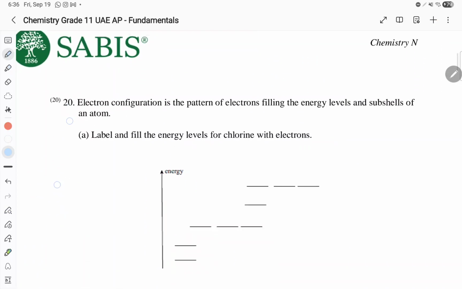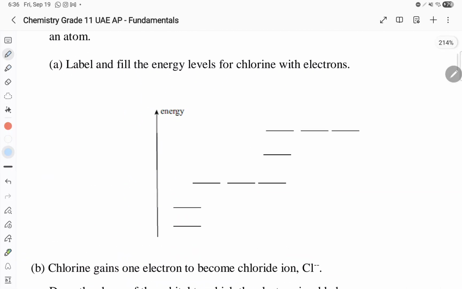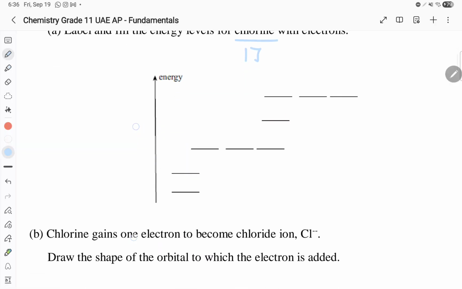Anyways, moving on. Here they're asking you to fill it out. You don't even need to know the element. Okay, actually you do. Chlorine is 17. So we have here 1s2, so it's up, down. Here it is 2s2, up, down.